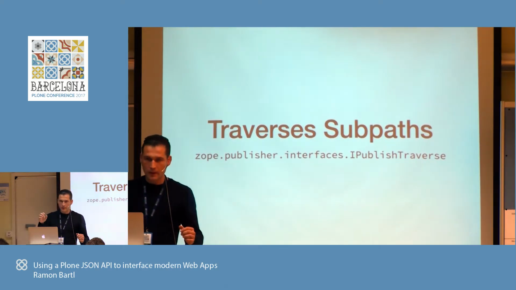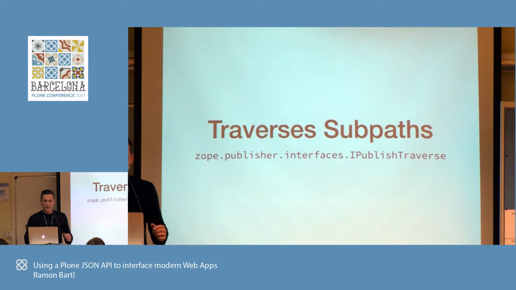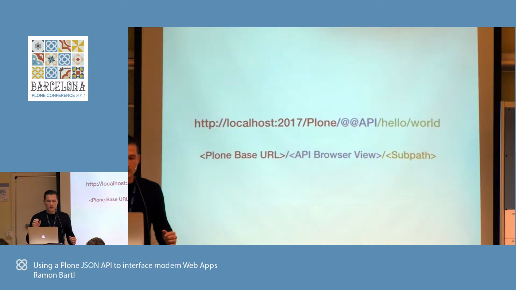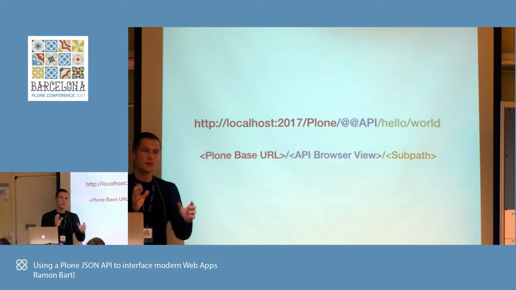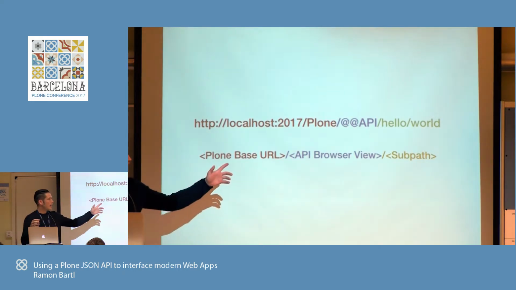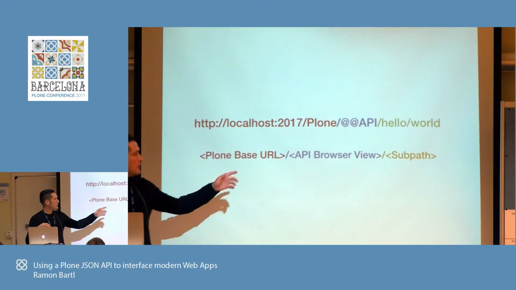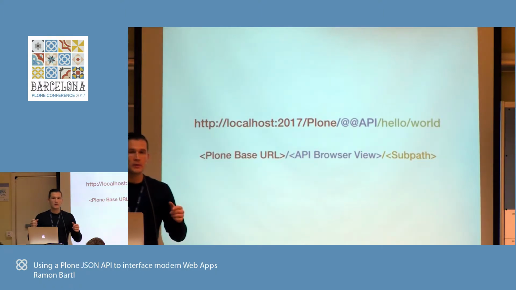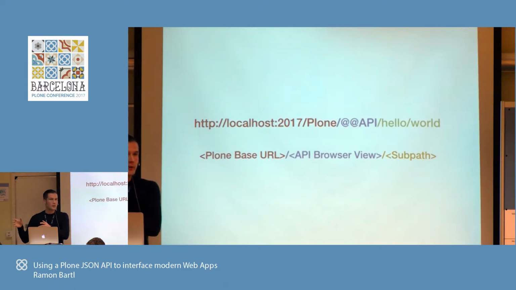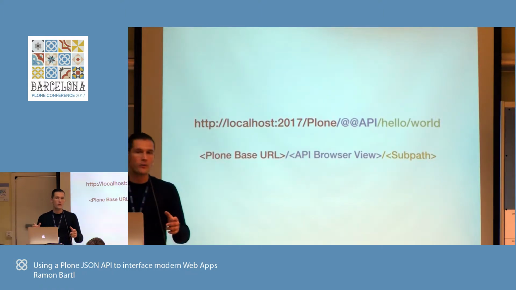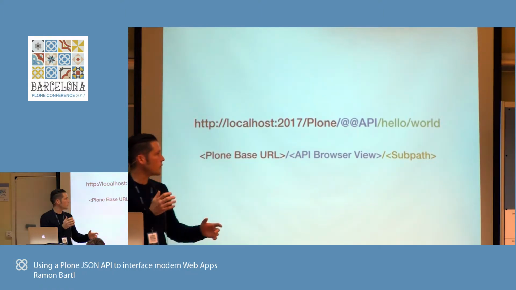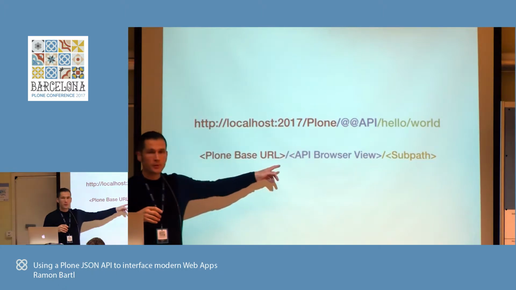That is path traversal, so you end at the content you see. But the concept of this API is to take this path and hand it over to the view. So we have the API view and pass in hello world. This will not traverse to a content in Plone, but it will hand over this /hello/world path as a subpath to the browser view.